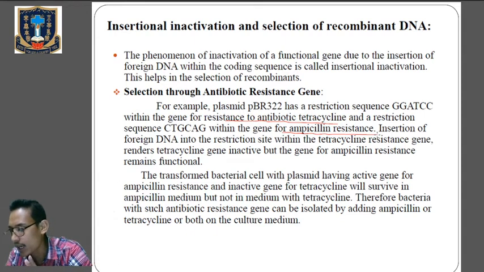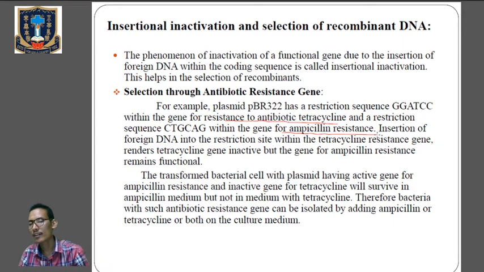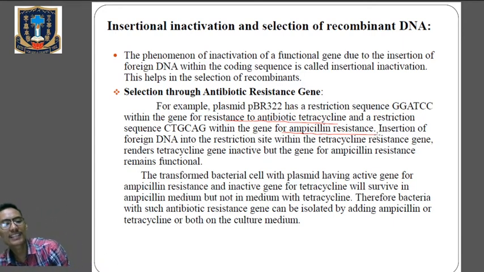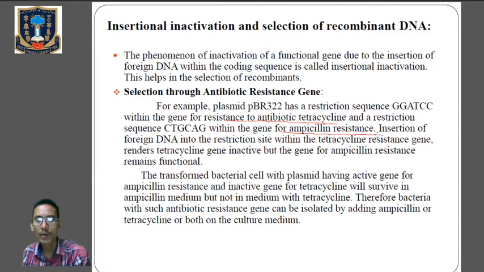Listen very carefully to what we are doing. A plasmid vector has resistance to both antibiotics, tetracycline and ampicillin. But now we are going for insertional inactivation. We are going to make one of the antibiotic resistant sites inactive. Between the two antibiotic resistant sites, ampicillin and tetracycline, we are inserting the foreign DNA into the tetracycline resistant site.